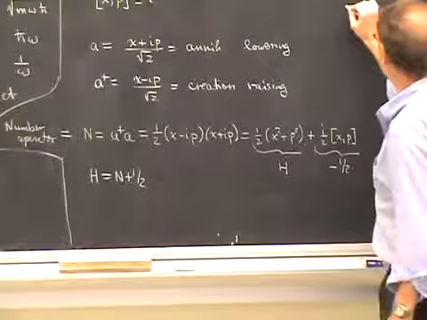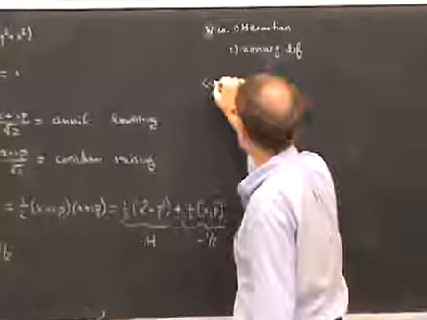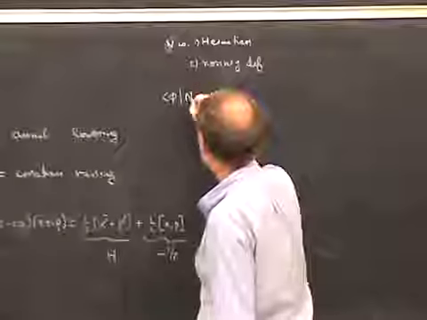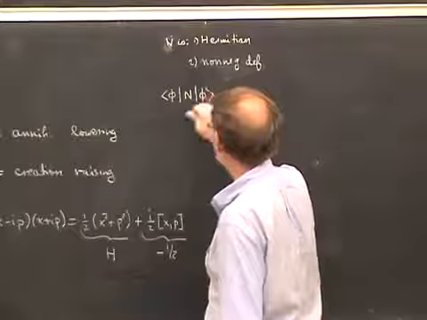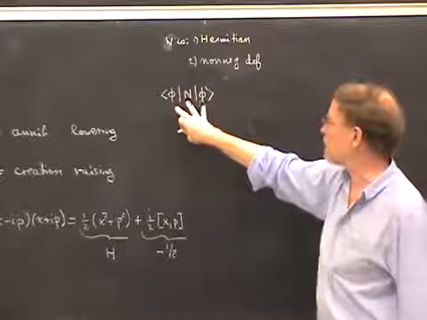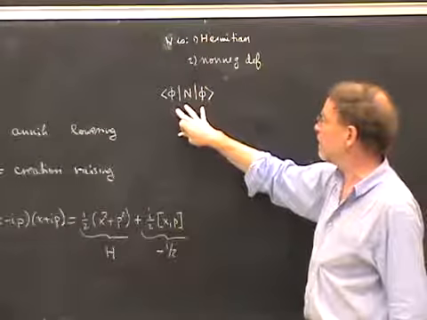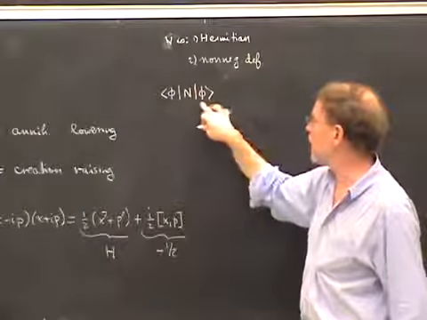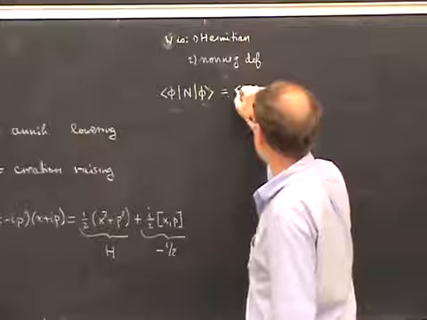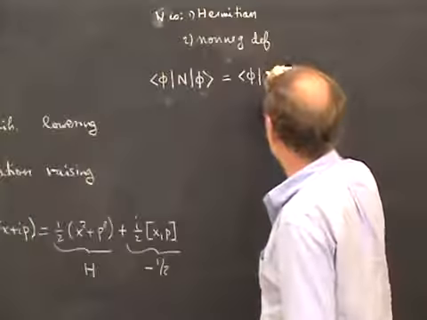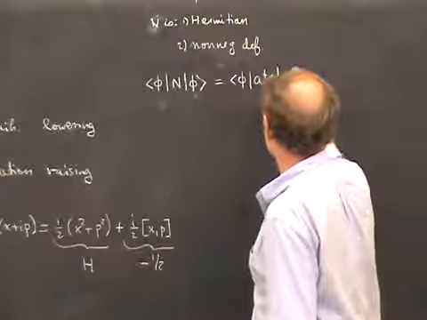It's easy to show that it's non-negative definite because if I take an arbitrary state phi and sandwich it around n, recall that the definition of a non-negative definite operator is that this expectation value has to be non-negative for all choices of phi. Well, let's see what this is. This is phi, A dagger A, phi.